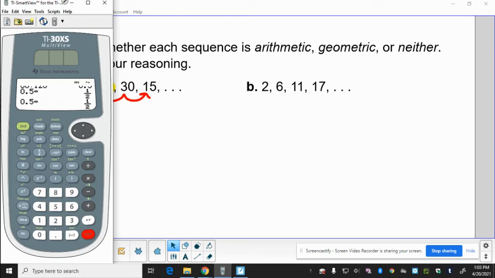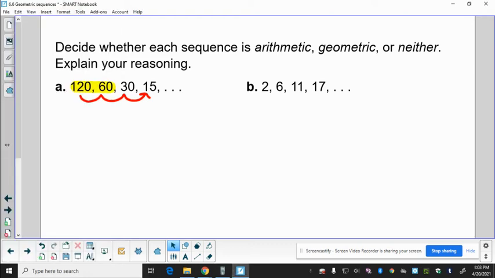That is the common ratio. So I'm going to list that. This is multiplying by half. That's got to be geometric. And by the way, that is known as R, the common ratio.